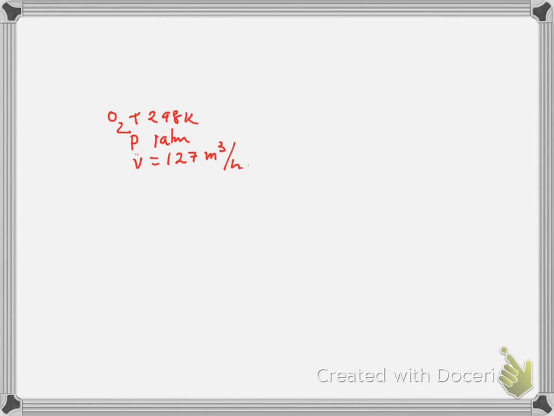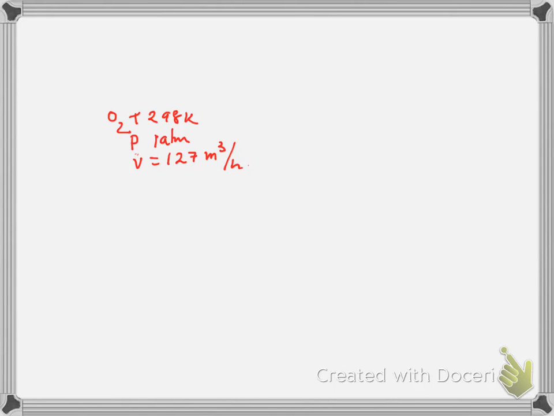Now what we're trying to do here is calculate the volumetric flow rate. Now we need to figure out Z, which involves TC, which involves TR.